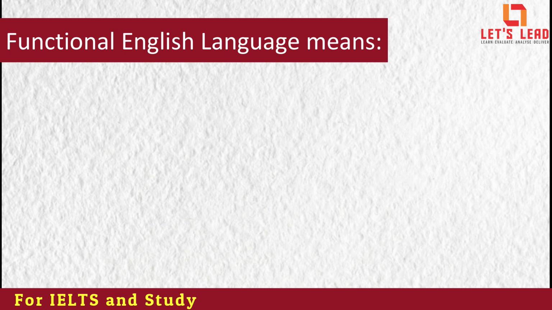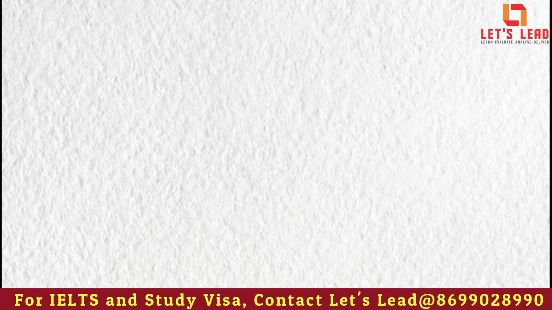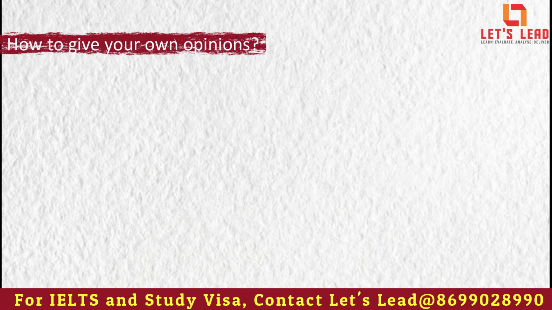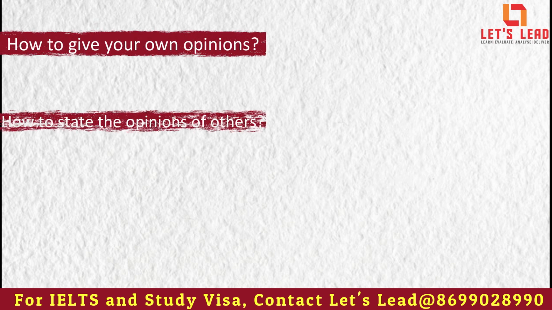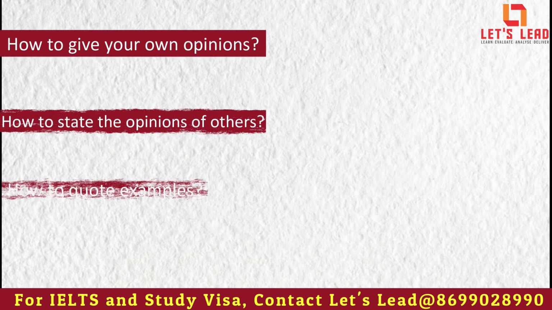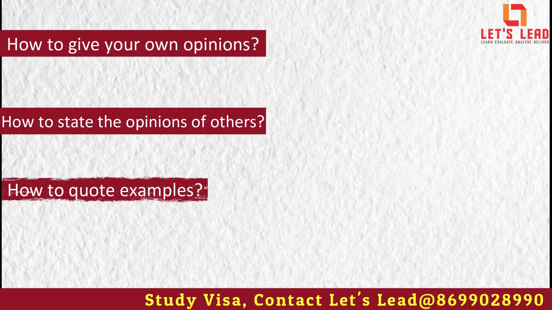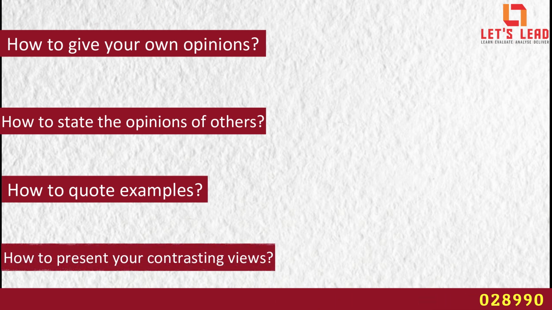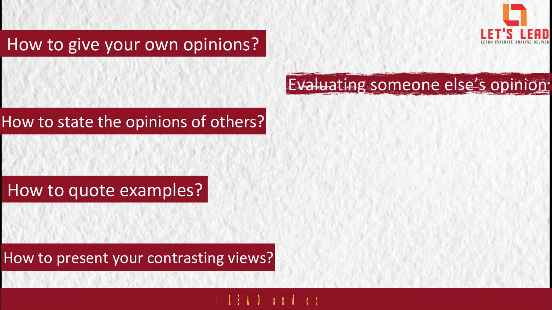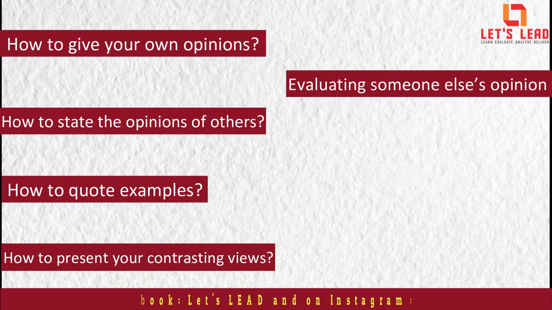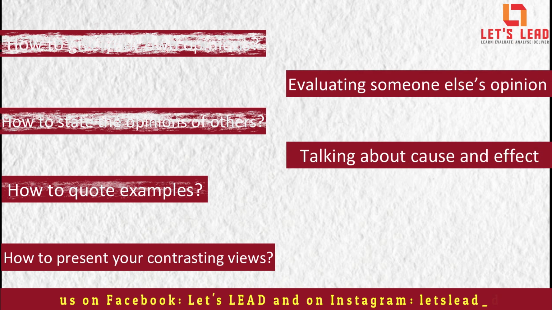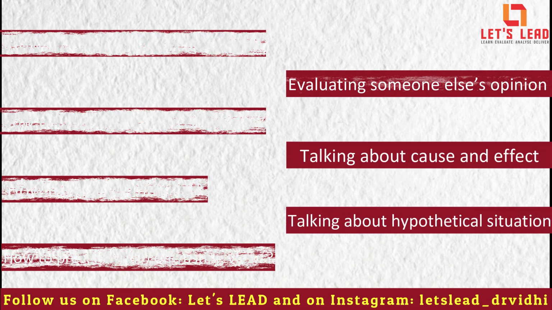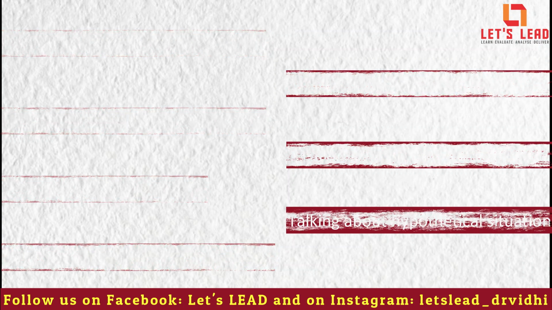It means that you should be able to use the language of how to give your own opinions, how to state the opinions of others, how to quote examples, how to present your contrasting views, evaluating someone else's opinion, talking about cause and effect, and also talking about hypothetical situations.